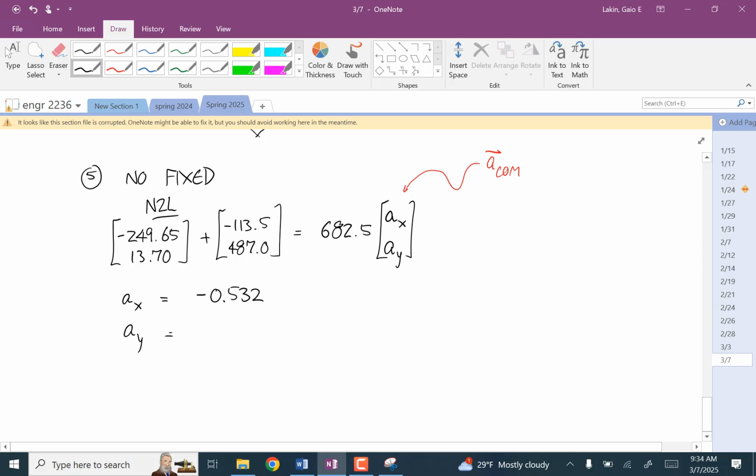And AY is equal to 500.7 divided by the mass. Positive 0.734. Okay, so the acceleration of the center of mass is negative 0.532, positive 0.734.